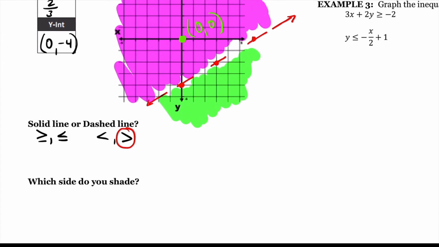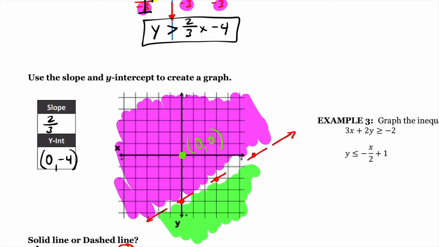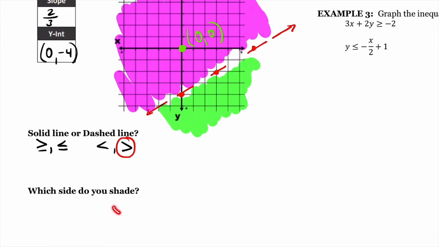So now what I'm going to do is take the original, the one I just solved, this guy right here. I'm going to rewrite it down below. y is greater than 2/3 x minus 4.